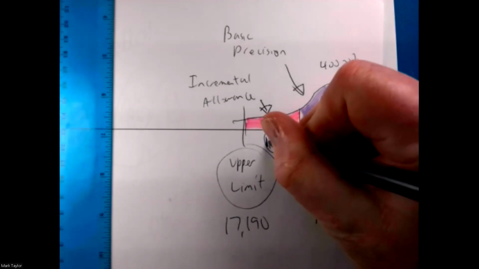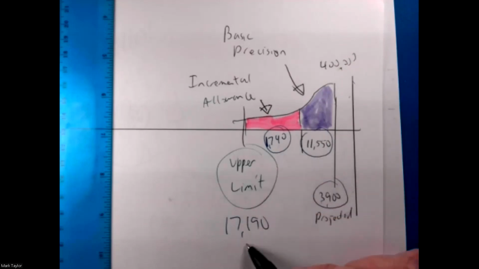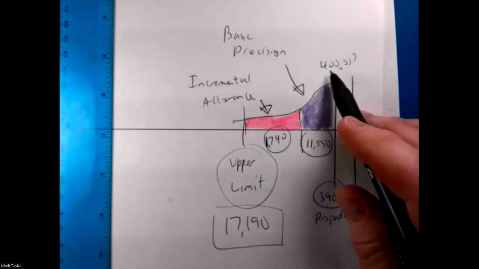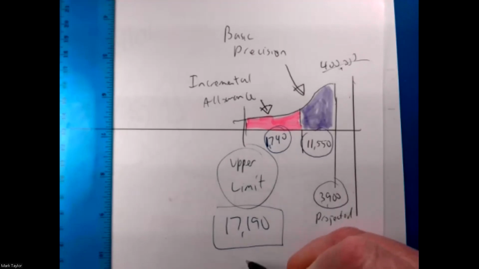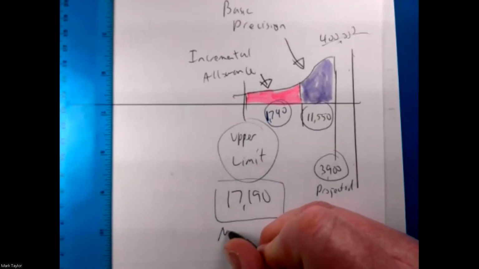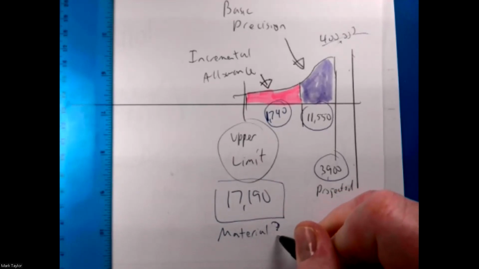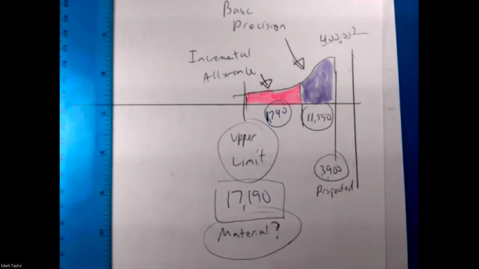So 3,900 is our best estimate of what it's off by, but it could be off by as much as 17,190. And this is out of 400,000. So is that material? It's a judgment call. But 17,190 would be the upper limit on it.